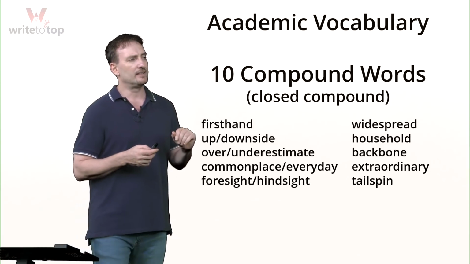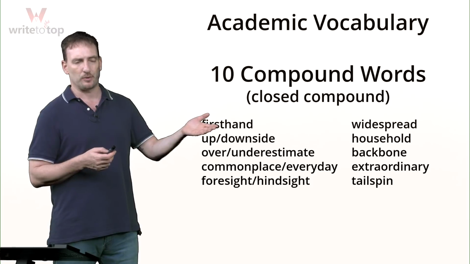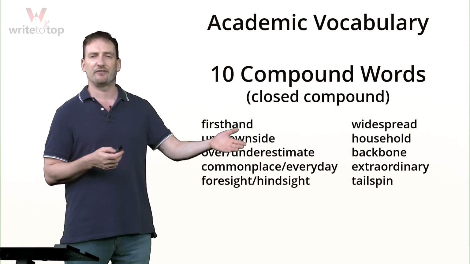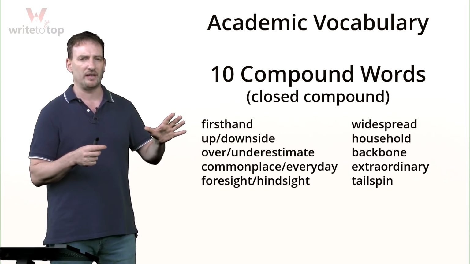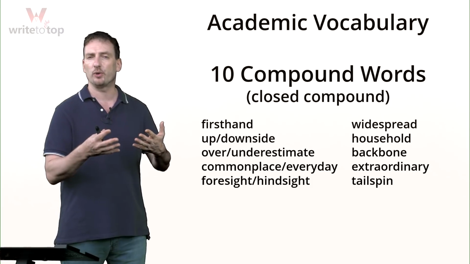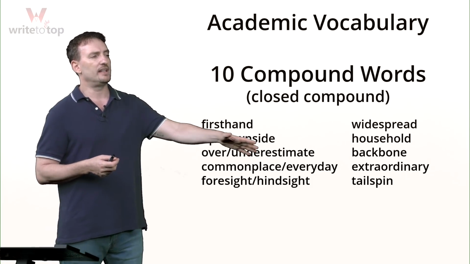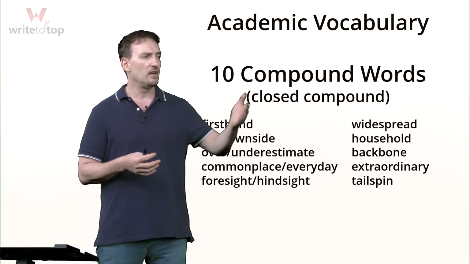I'm going to give you 10 of these. We're going to look at firsthand, upside and downside, overestimate and underestimate, commonplace and everyday. Now, everyday and commonplace essentially mean the same thing. I put them together because I want to show you the difference in how to use them, okay? Foresight, hindsight, they're basically opposites, so I put them together.